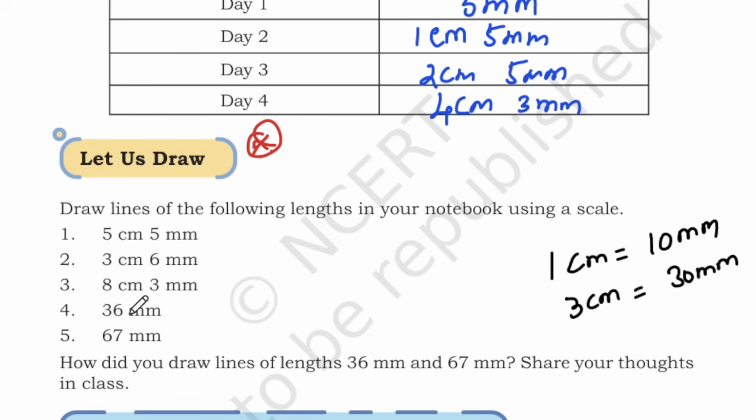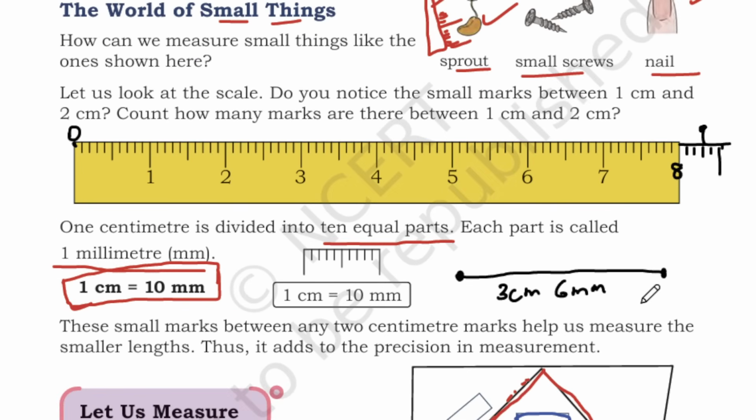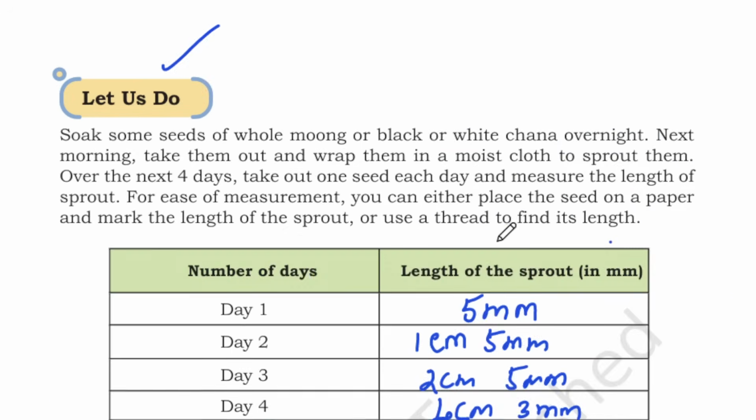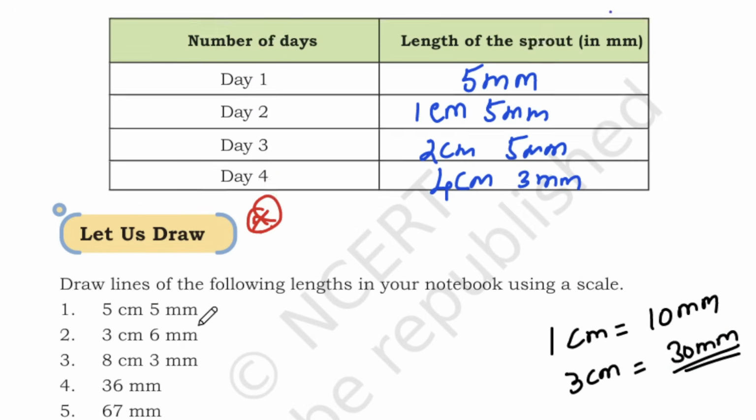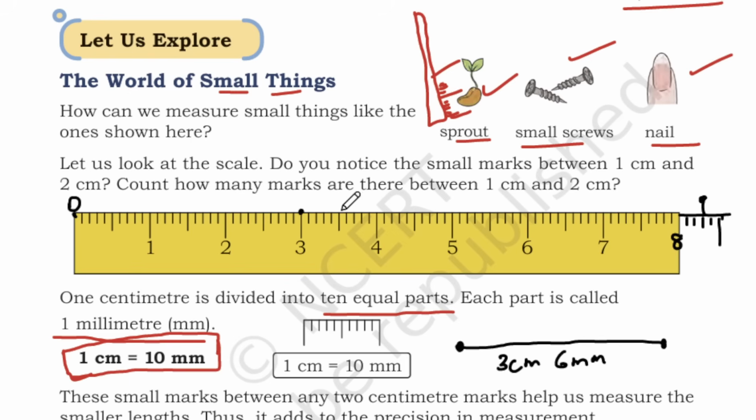Now we want 36 millimeter. First we will mark 30 millimeter, which is 3 centimeter. Here we have 3 centimeter. And next you move to add 6 millimeter. So 5 here and 6 here. So this is 36 millimeter.